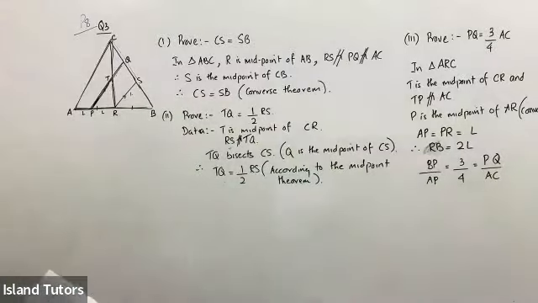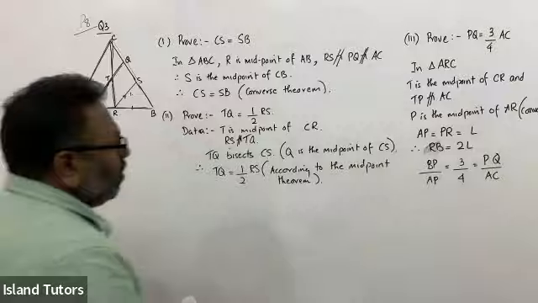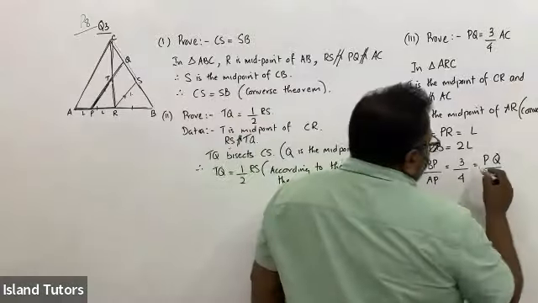PQ is to AC, then we cross multiply here.